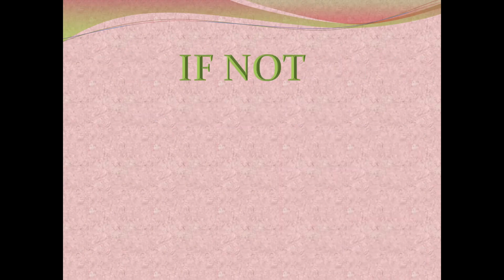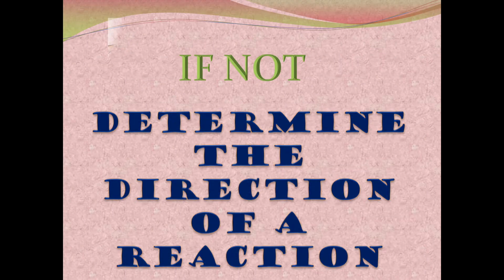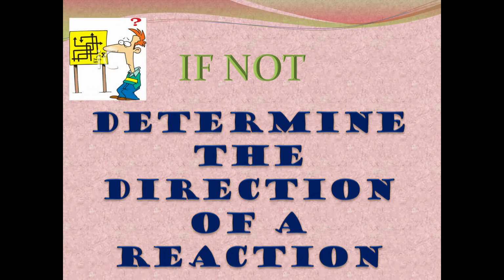And we can solve for something that looks like K, but if it doesn't equal K, we know that we're not at equilibrium. And if we're not at equilibrium, it will tell us, do we have too many reactants and the reaction will go forward, or do we have too many products and the reaction will go backwards? Remember, this only works for reversible reactions.